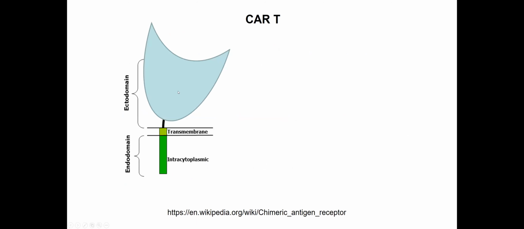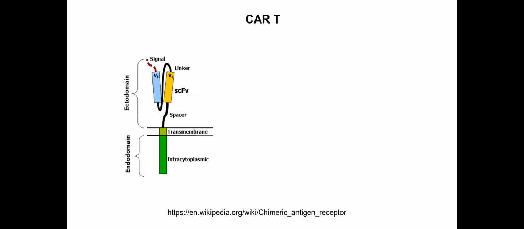Now, for the T cell receptor to work, it needs its partner, the MHC. And sometimes the T cell receptor is not specific enough or good enough to recognize the antigens of the cancer cell. That's why sometimes we change the T cell receptor with an antibody-like motif, like a single chain Fv.